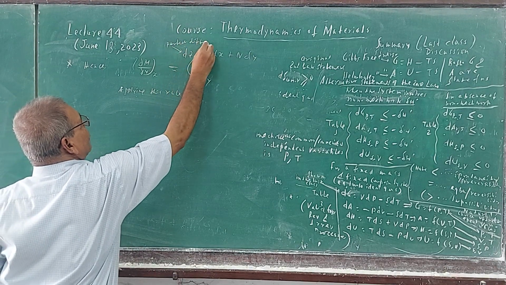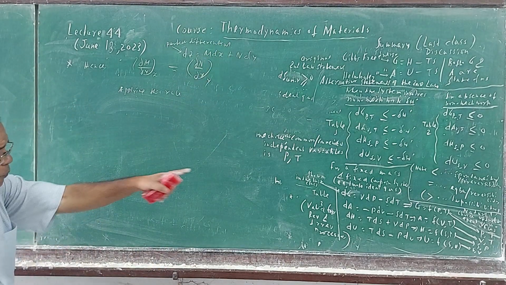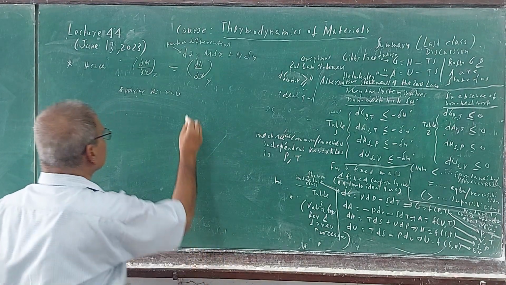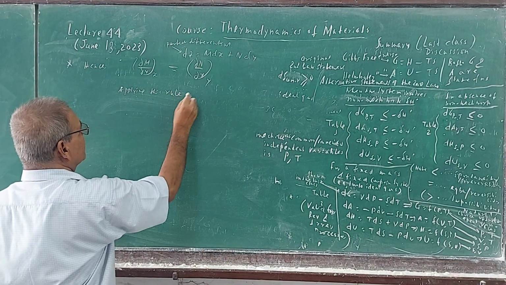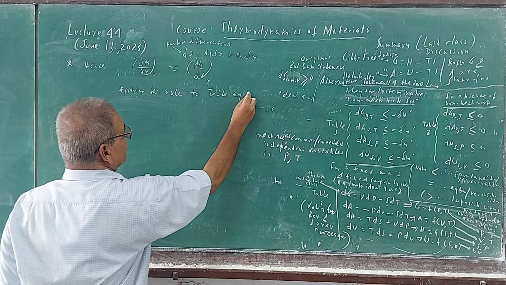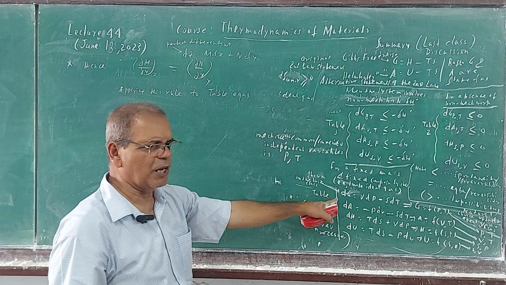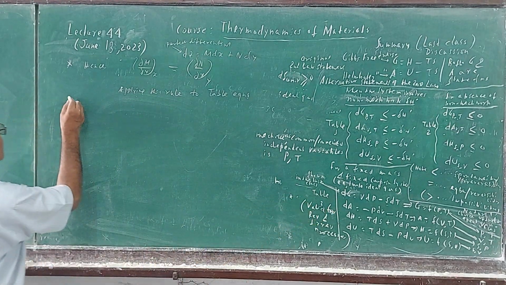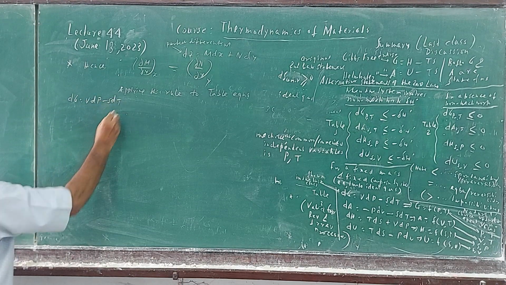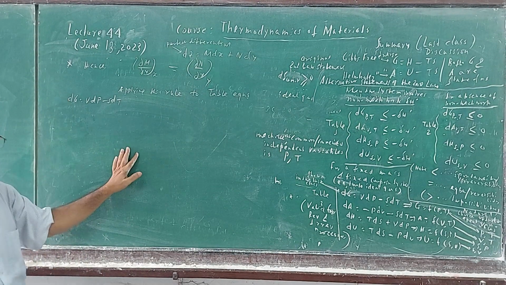I am applying this rule to these four equations in Table 3, one by one. Take a look. dG is VdP minus SdT. Follow. dz is M dx plus N dy; dG is VdP minus SdT.